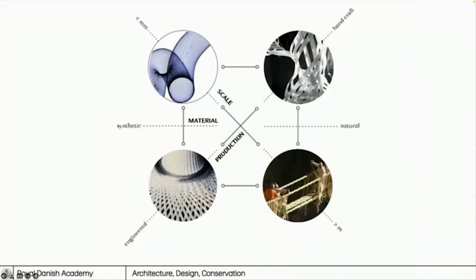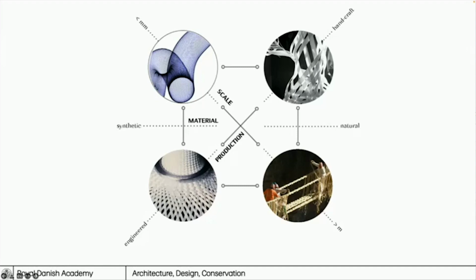So, this is a diagram from one of our papers, braided workflows from, I think, around 2018, where we're looking at really why it is textiles are interesting. They have this incredible versatility, and they span these axes here between scales that are sub-millimeter all the way up to scales that are producing architectural artifacts that are greater than meter scale.